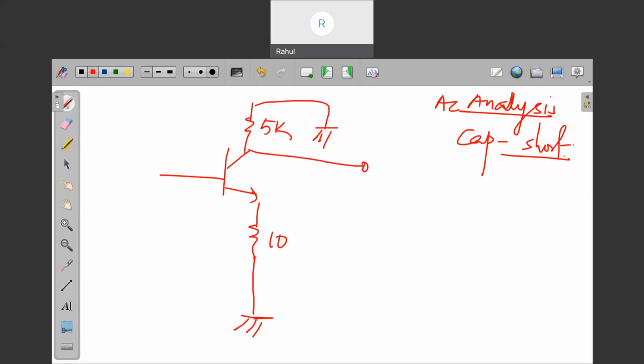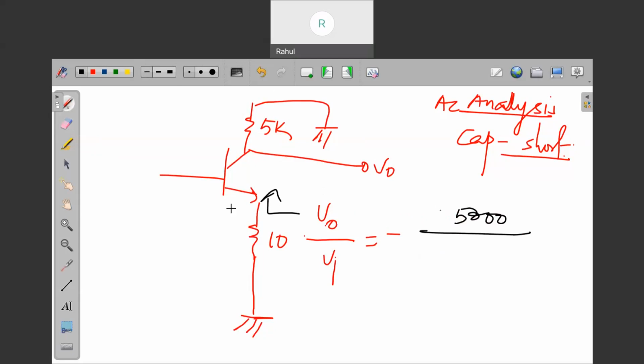There is a V out. What is gain here? V out upon VI equals minus of 5000, because this is 5000. Just forget about this plus minus because already you have taken this.